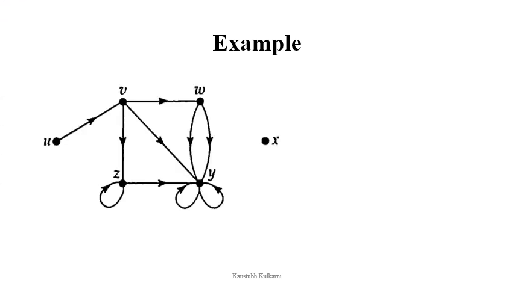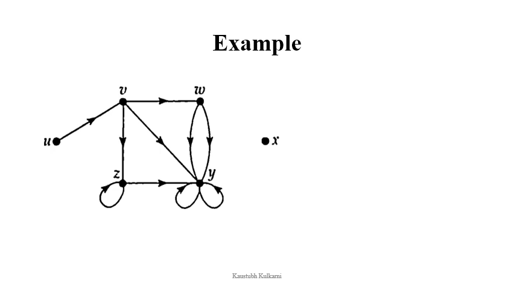Let's take a look at the example for the calculations. From U to V, it is an outgoing edge, so out degree count will be 1. There is no incoming edge at U, so in degree will be 0.